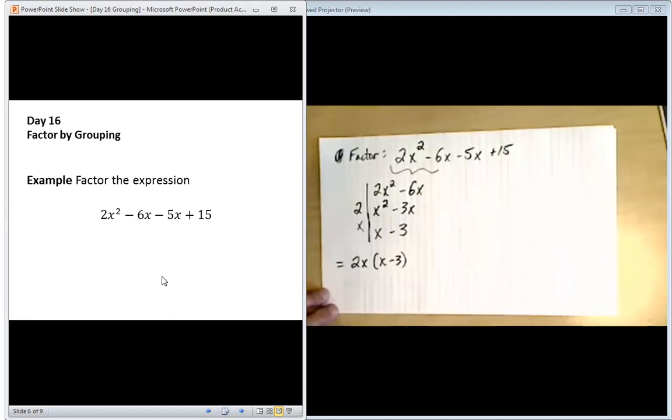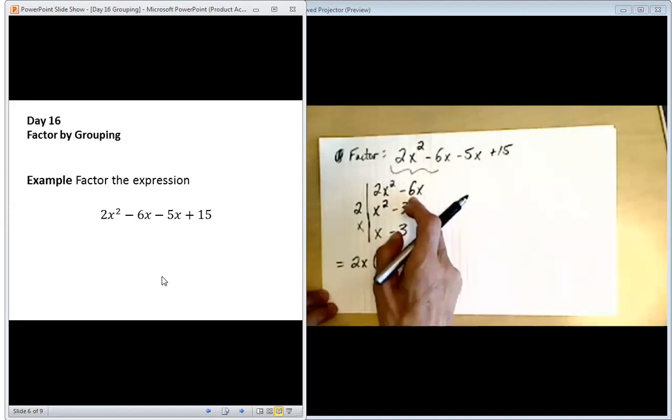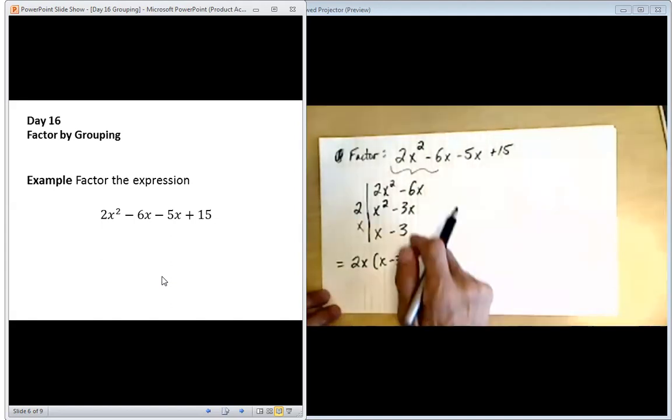Okay. Yeah, some of you saw it was 2x in the very beginning, right? So eventually this step here, you might even be able to skip it and go right to this one. Do a little bit of these calculations in your head, right? But this is safe to do it that way.